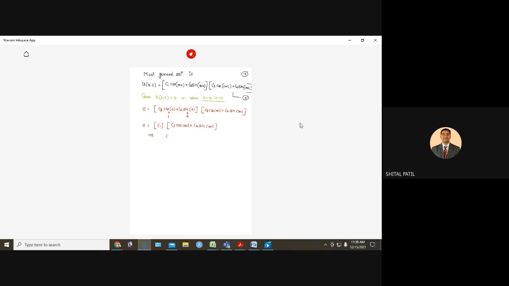Conclusion, who is 0? Who is 0 so that there will be no problem. If the second term is 0, C3 cos of CMT plus C4 sin of CMT equal to 0, then we'll have a 0 solution. That we don't want. C1 equal to 0.